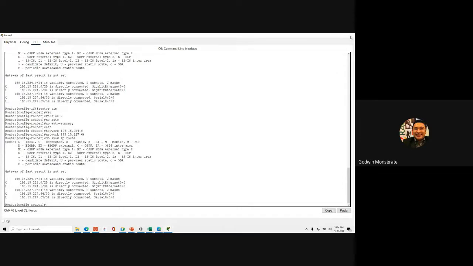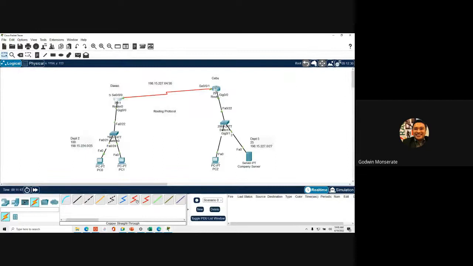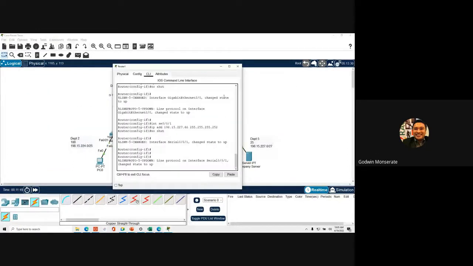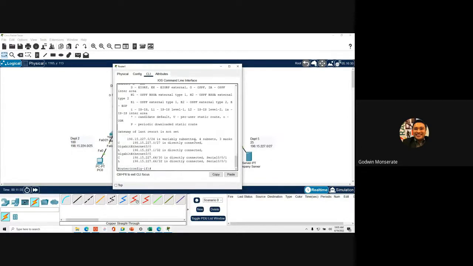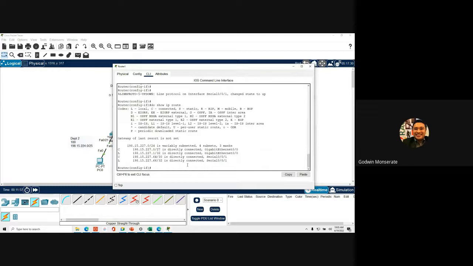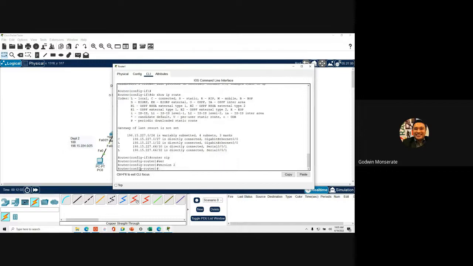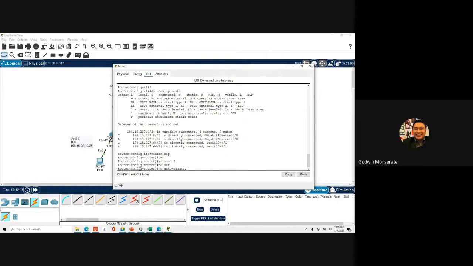PC ay wala pa'y routing protocol. So tanaw na tong Cebu na pod. Okay? Do show IP route. Okay? Wala pa yung routing protocol sad. That's why we are going to create router RIP version 2. Okay? Then, no auto summary.